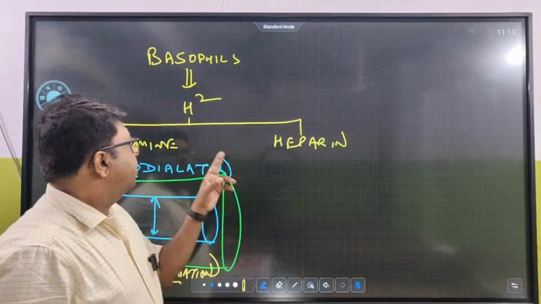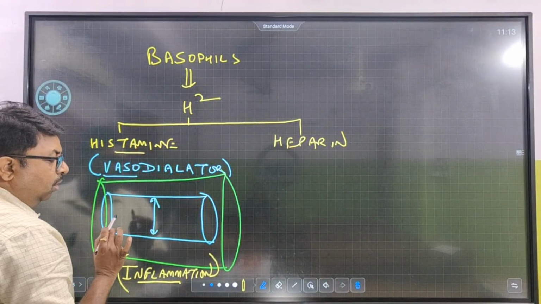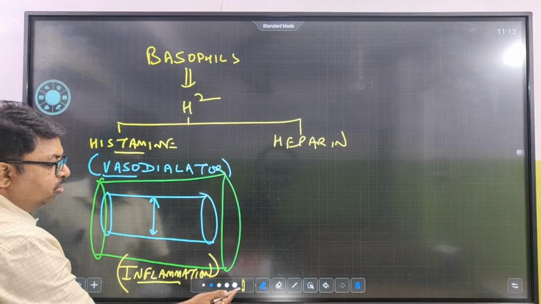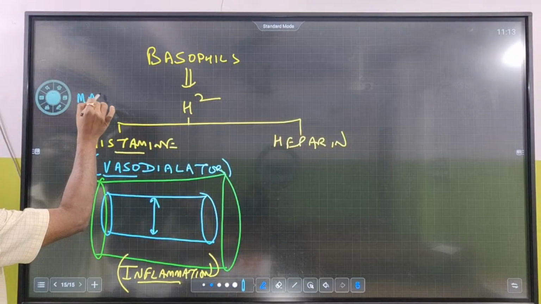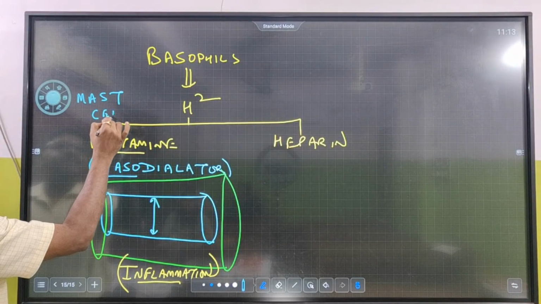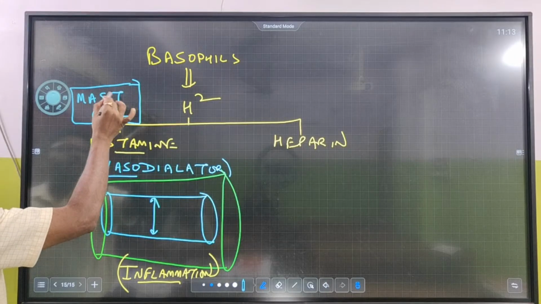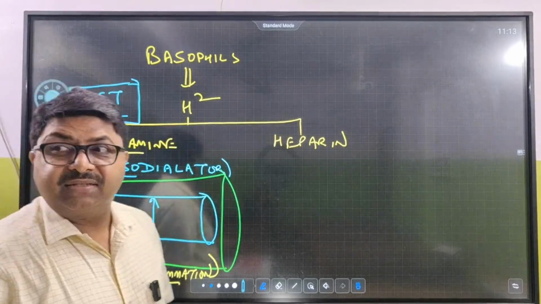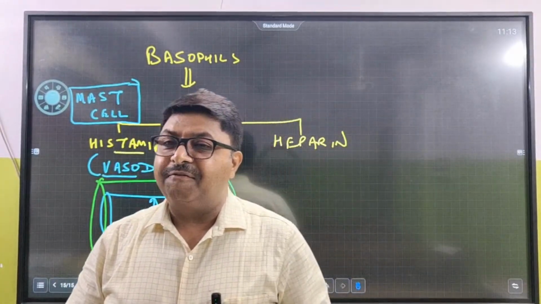So basophils basically secrete histamine, and this histamine is also secreted by another cell. What is that? Mast cells. Come on, it's there in your book. Mast cells can also secrete histamine, and they can help in vasodilation.